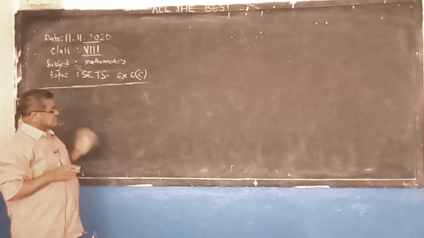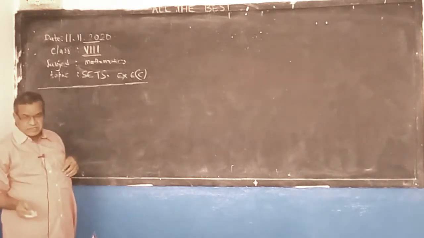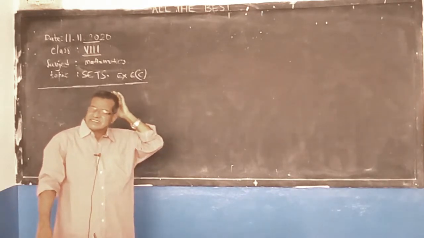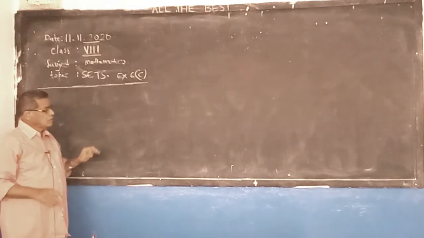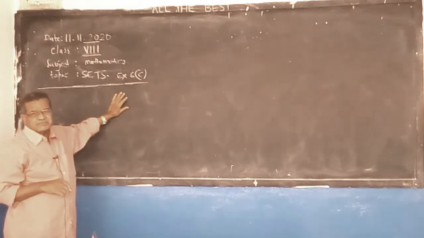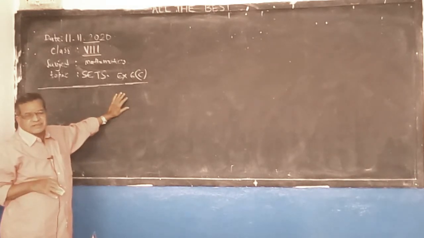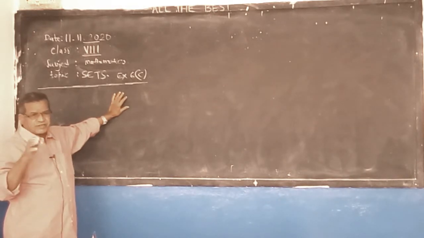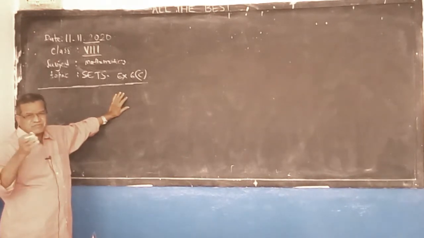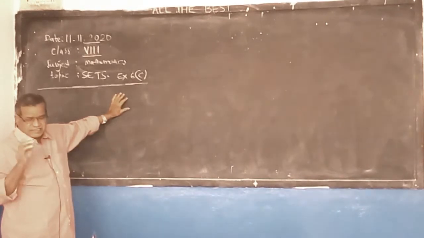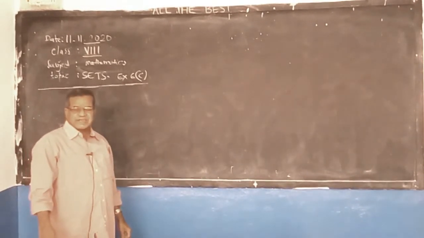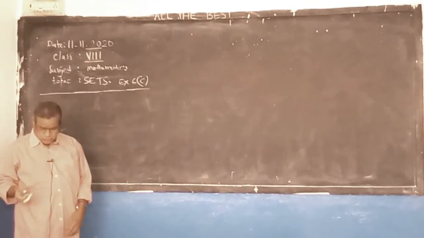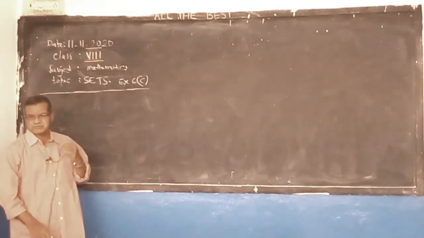In the previous class, we did the sets chapter. A set is very familiar: set of 8th class students, set of 100 rupee notes, set of mathematics teachers, set of cricket players, set of kabaddi players, like that.